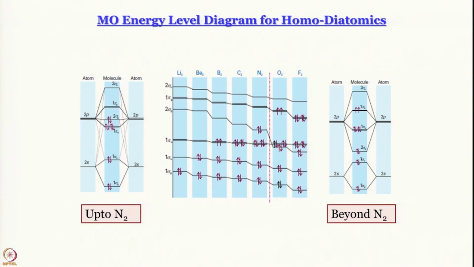We are not saying that we know why it happens; we are just saying that the sp mixing model works nicely up to dinitrogen, and it is not manifested beyond dinitrogen, that is all. Oxygen, for example, is paramagnetic. These are things that get explained by this change from the sp mixing model to the no sp mixing model between dinitrogen and dioxygen. So that is all we wanted to discuss for homonuclear diatomics.